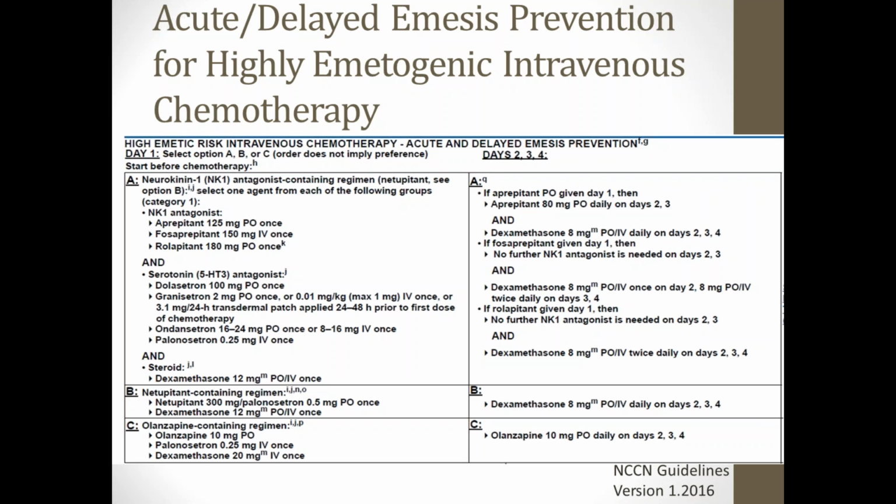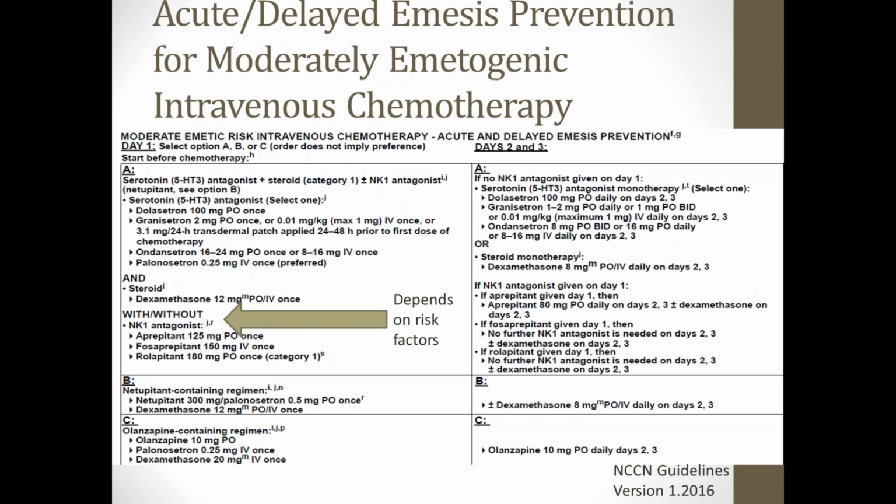Other regimens you can see down here are your Akynzeo or your netupitant-palonosetron combination pill with dexamethasone. Now that pill encompasses a neurokinin-1 antagonist and a serotonin antagonist in a pill. And as you can see in the right-sided column for days 2, 3, and 4, you would administer your corticosteroid orally at home. I cannot stress the importance of making sure that the patient has that steroid on days 2 and 3. That will greatly help prevent delayed nausea and vomiting.